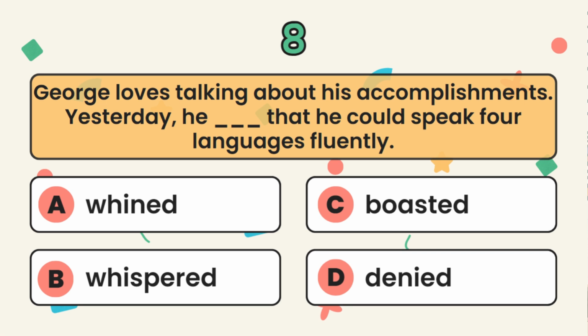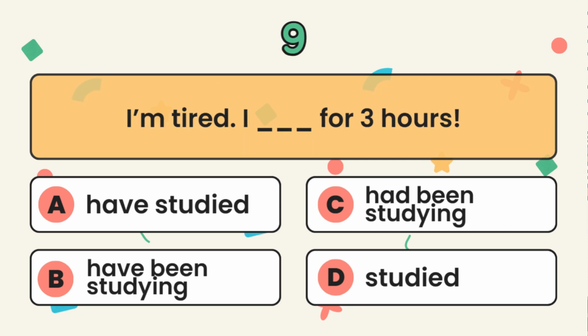So next is number 9. I'm tired. I blank for 3 hours. For number 9, the correct answer is letter B, which is have been studying. So, I'm tired. I have been studying for 3 hours. As I discussed earlier, this is about verb tenses, where he used the ongoing past tense, which is have been studying.